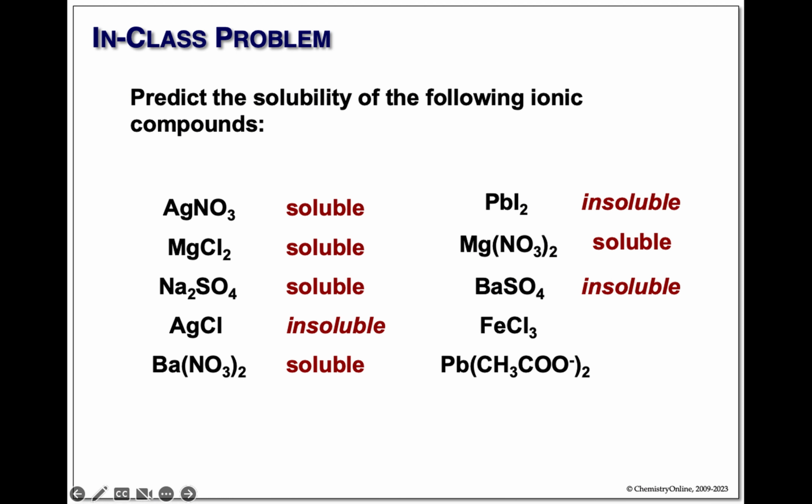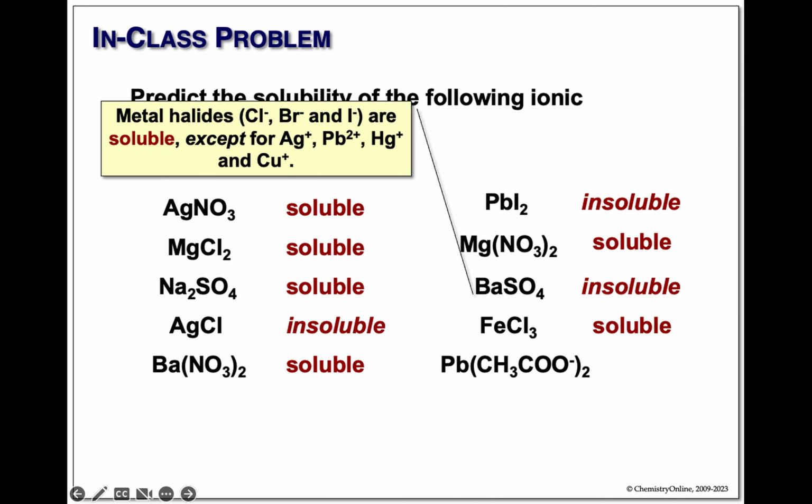Iron 3 chloride. Most metal halides are soluble. This is iron. We could call that a heavy metal, but it's really not. Heavy metals are reserved for lead, silver, mercury, and copper. It's soluble.